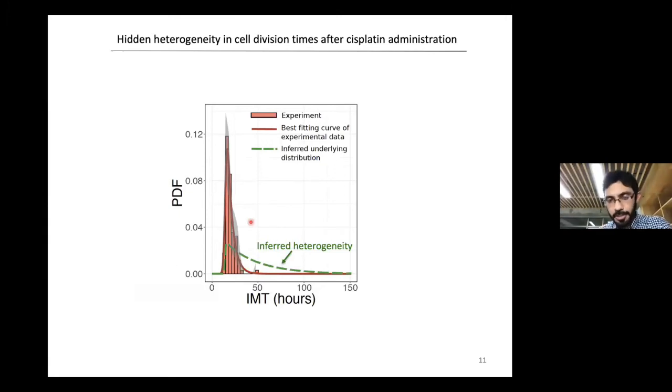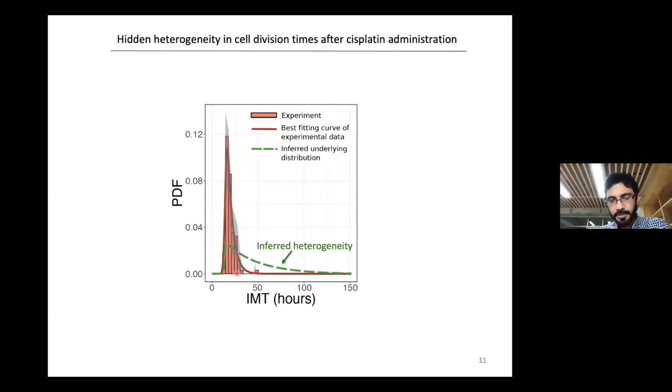As I had told you, the inferred distribution, remember these green dashed curves, this distribution of cell cycle times is not observed, but is inferred from this Bayesian procedure. What you're seeing here is that this distribution is in fact very, very different from the observed distribution of cell cycle times.